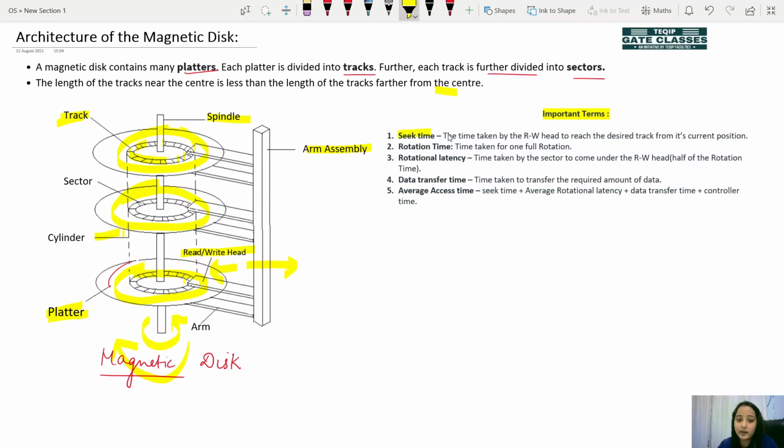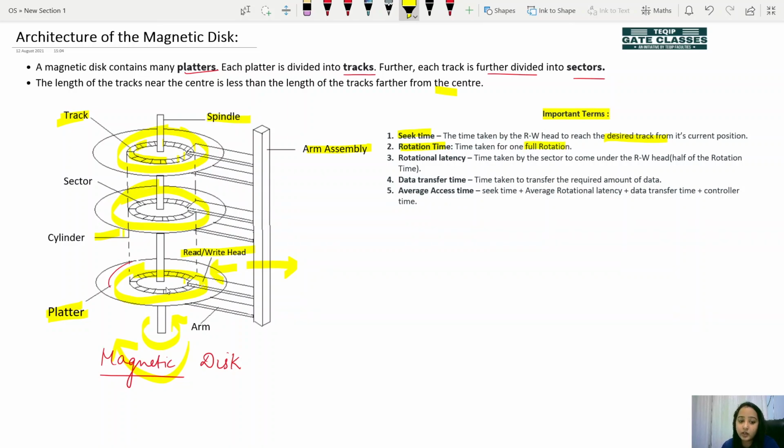First one is seek time. What is the seek time? The time taken by the read write head to reach the desired track from its current position. Wherever it is, the time taken to reach the desired track from the current position is the seek time. What is the rotation time? Time taken for one full rotation.